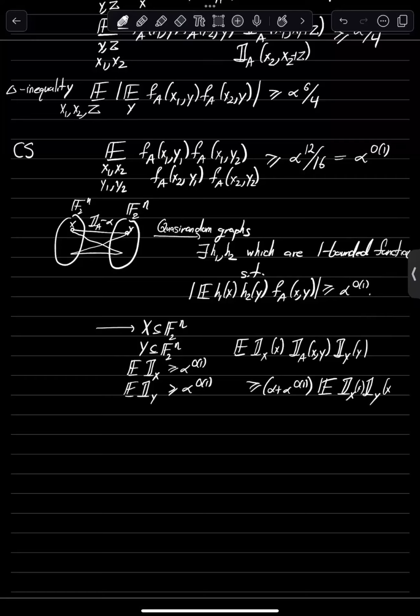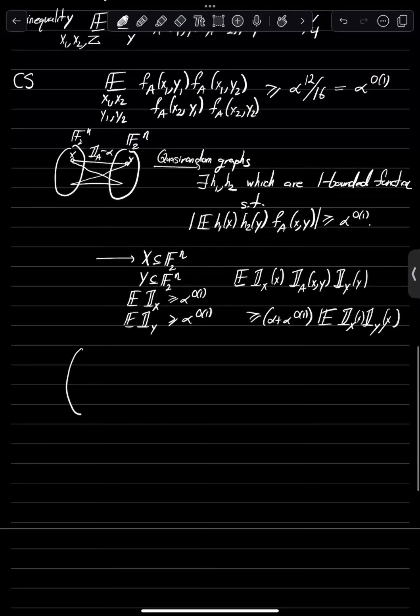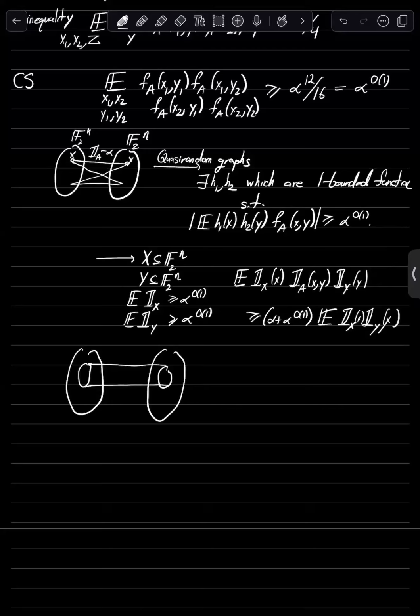Maybe less formally, what I'm saying is I can find two very large vertex subsets where my set has increased density on this rectangle. Because my graph was not quasi-random, I can do this.